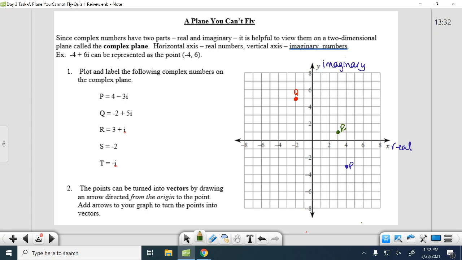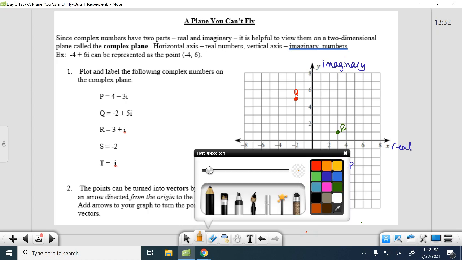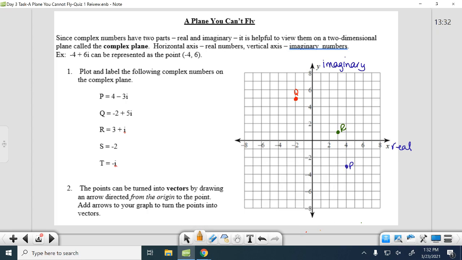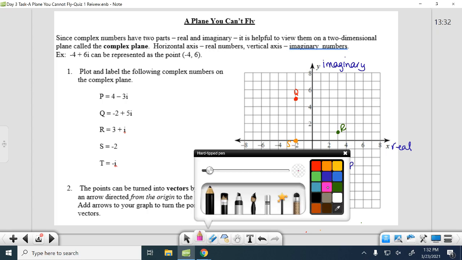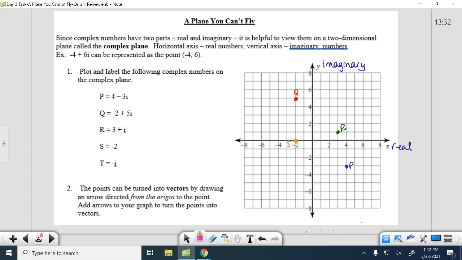And again, if you want to draw these as vectors, you can. Well, actually, I'll just continue on. S is -2. That is only -2 on the x-axis. That is a real number. And T is -i. -i is going to be down 1 on the imaginary axis.